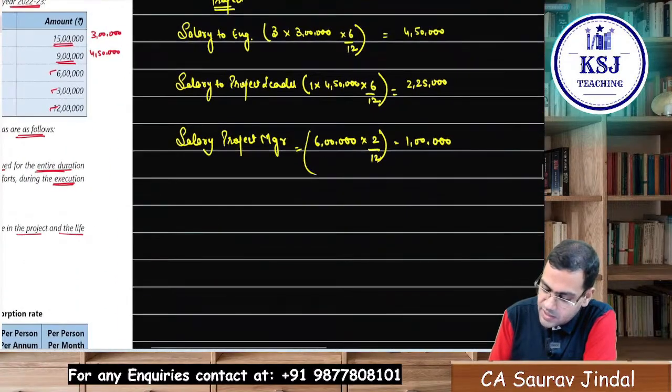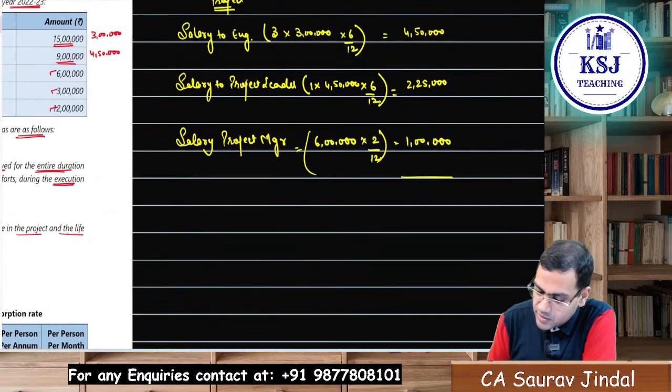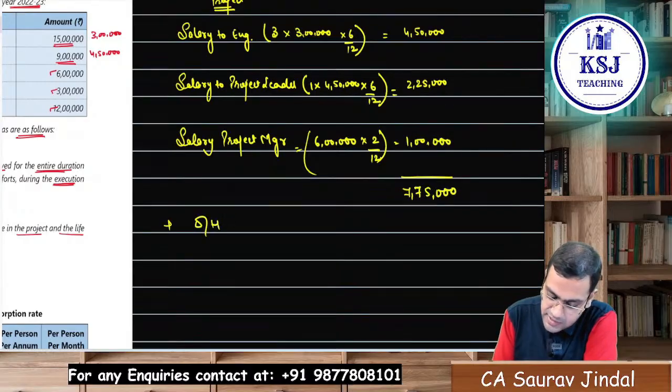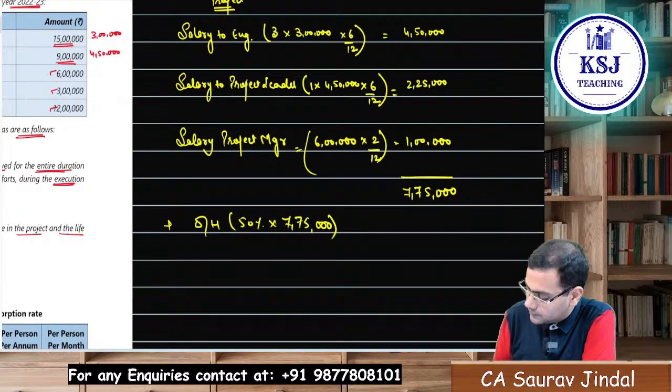So what is the total salary here? 4,50,000 plus 2,25,000 plus 1 lakh. So total salary here is 7,75,000. So I will add here overheads, that is 50% of total salary. 3,87,500, right?